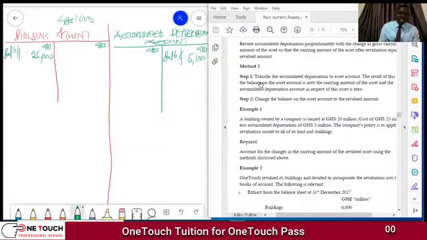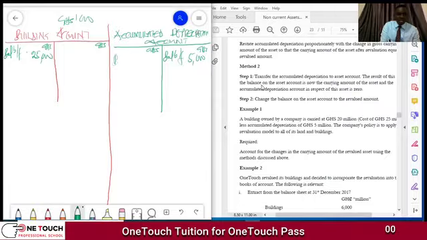How do we transfer it? So we come here, and we debit this account in the name of the building account. So the name of building, 5,000. So this account is closed and transferred to this account.